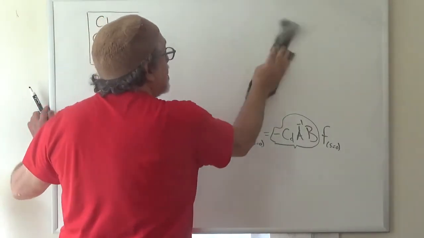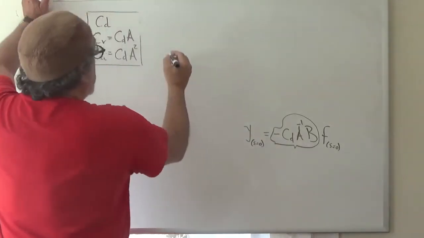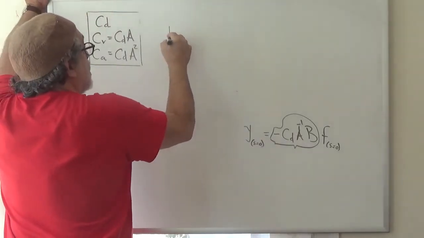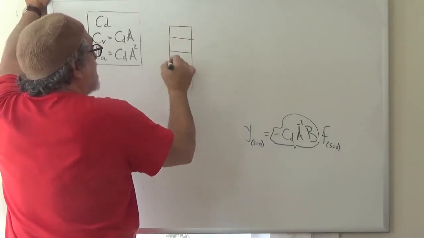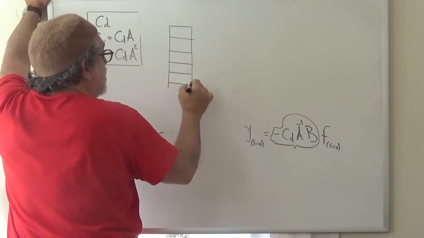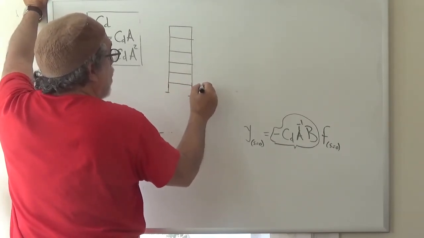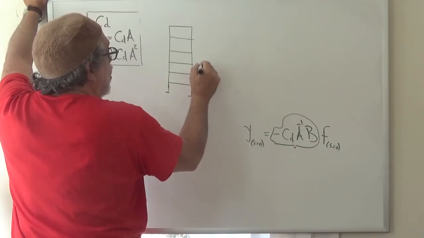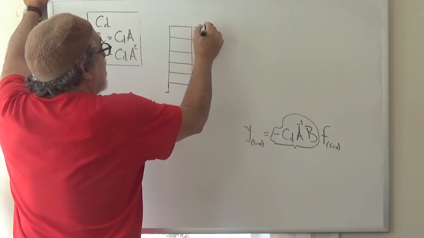I think that's worthy of a few more minutes to make sure the idea was clear. So let's say that we take a look at this, and this is coordinate 1, 2, 3, 4, 5, 6, right?